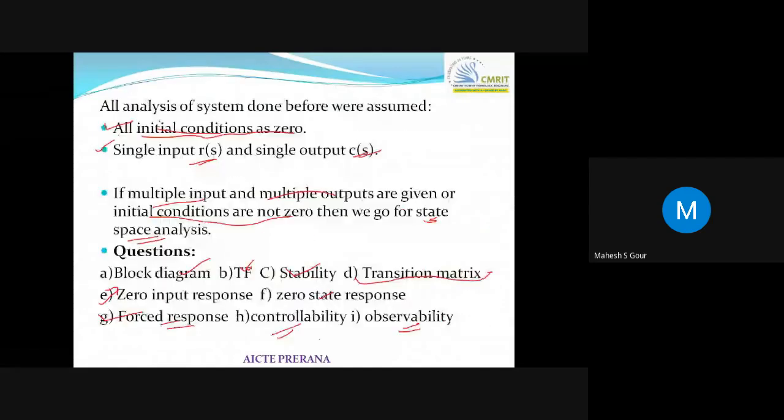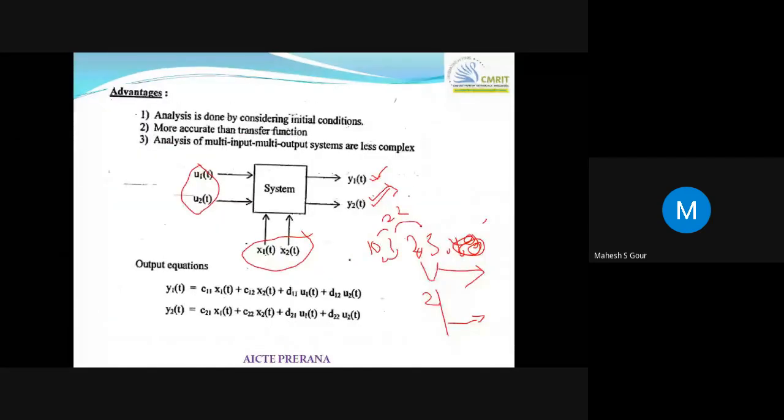Okay, so next, what are the advantages? The advantage is that you are considering that some initial condition exists, and you will get a more accurate transfer function. And analysis with multiple inputs and multiple outputs will be less complex compared to your regular assumptions. So how will you write your outputs? Outputs are y1 and y2.